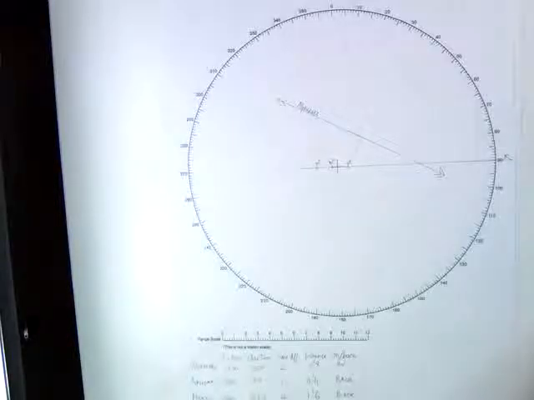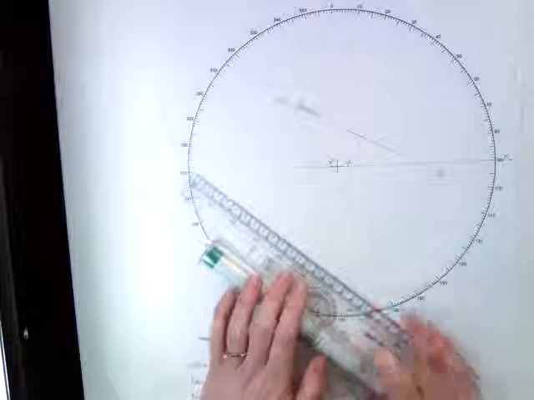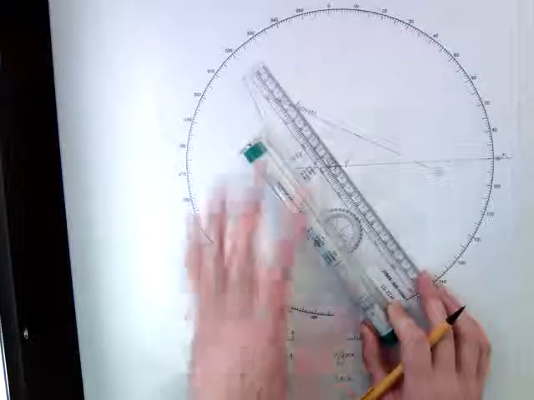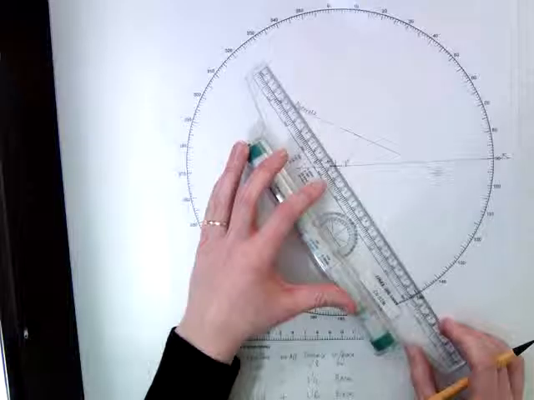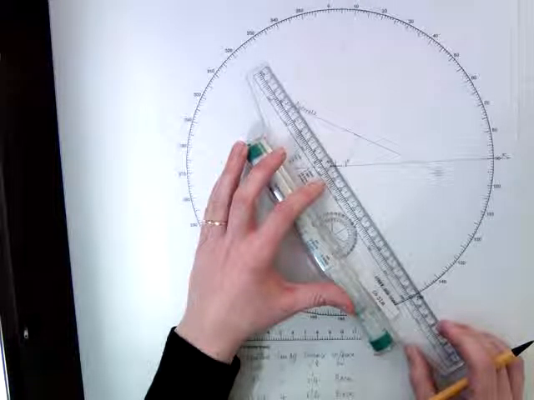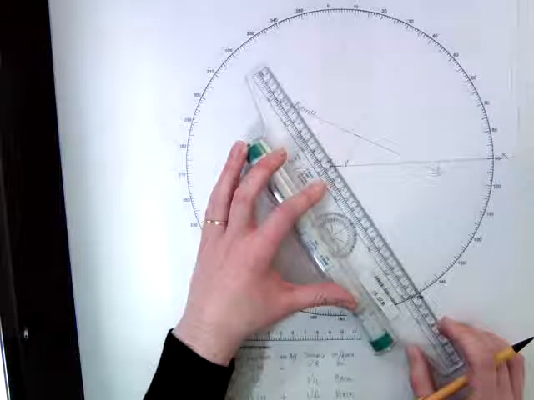You can do the same now for Achernar. An azimuth of 148.5. This time the intercept is away, 0.4 away. So we measure off 148.5.